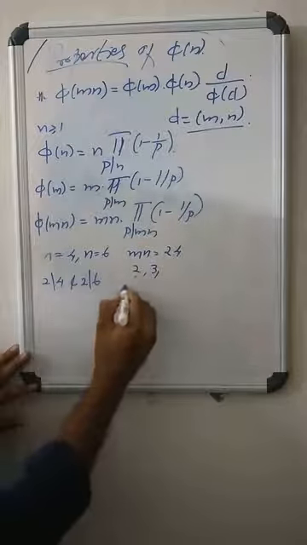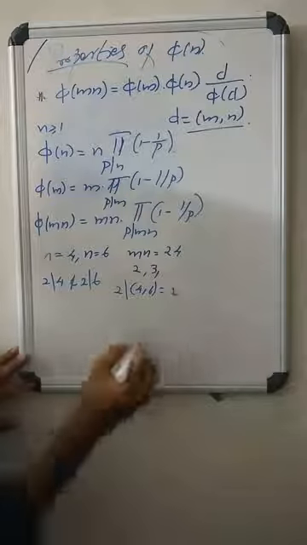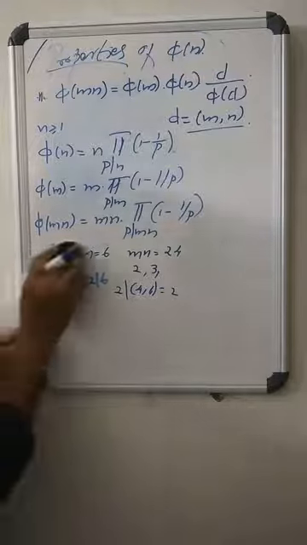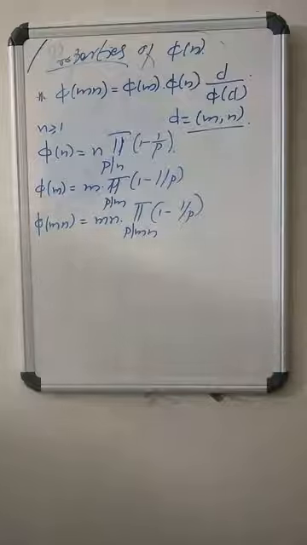Therefore 2 divides the GCD of 4 and 6. So if p is a prime divisor of mn, then it is a prime divisor of m or of n, and those prime divisors which divide both m and n also divide the GCD.